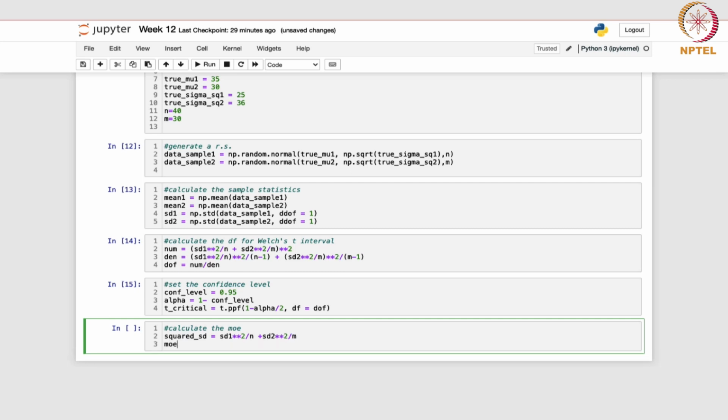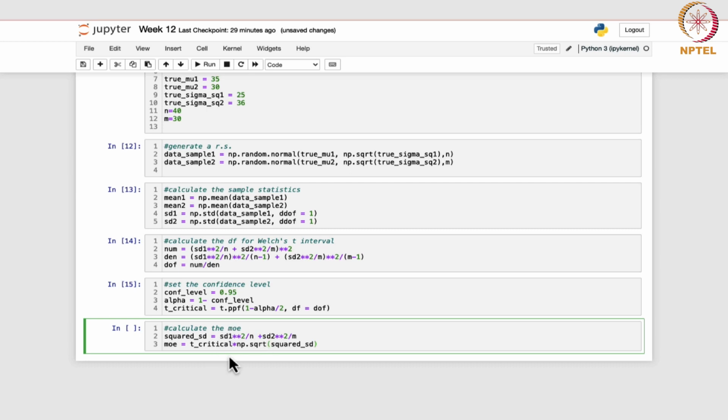Now margin of error in this case would be T critical that we have obtained, into the square root of this, because it is under root of sx square over n plus sy square over m, right?